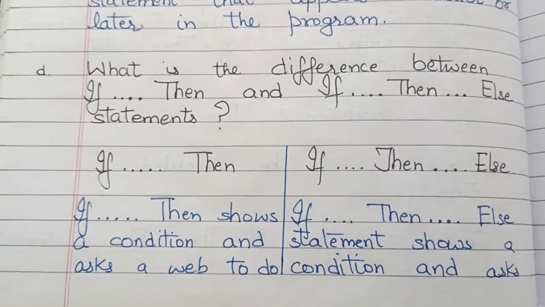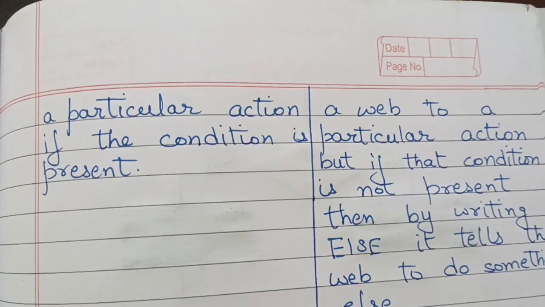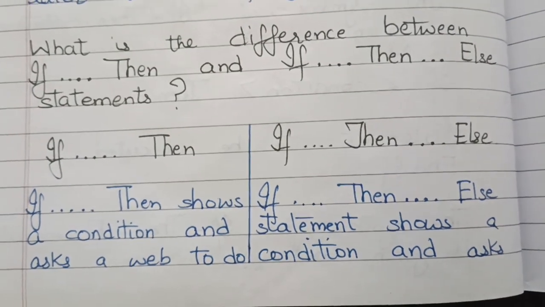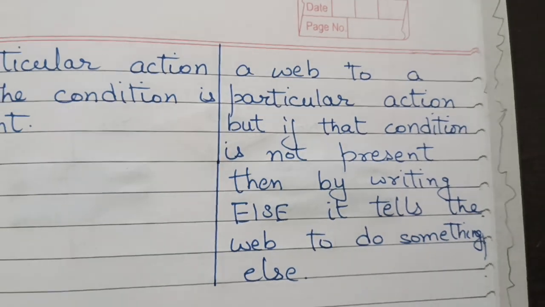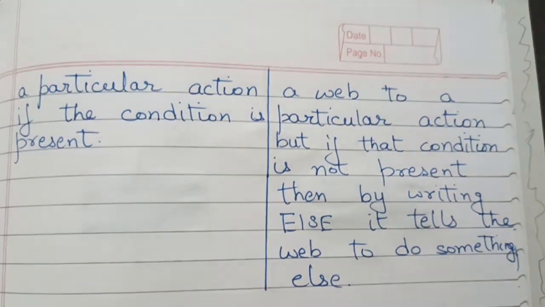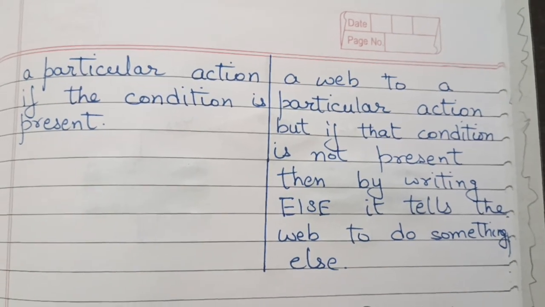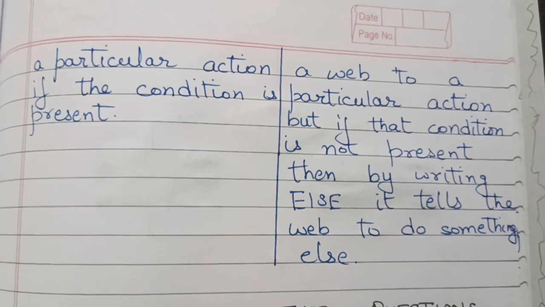If Then shows a condition and asks the program to do a particular action if the condition is present, and the If Then Else statement shows a condition and asks the program to do a particular action, but if that condition is not present, then by writing Else it tells the program to do something else.